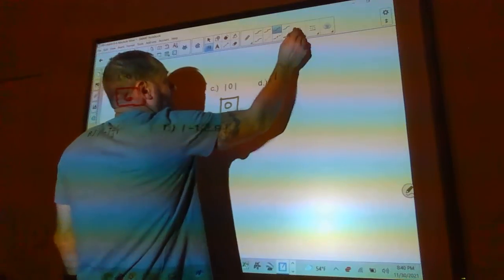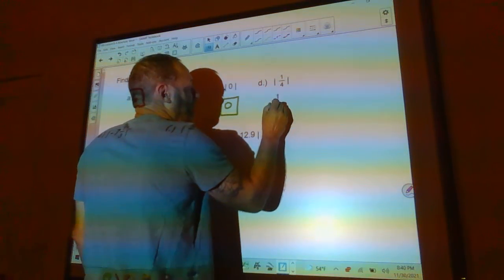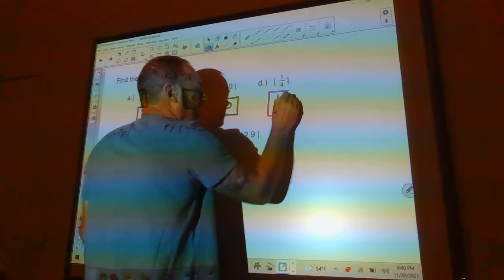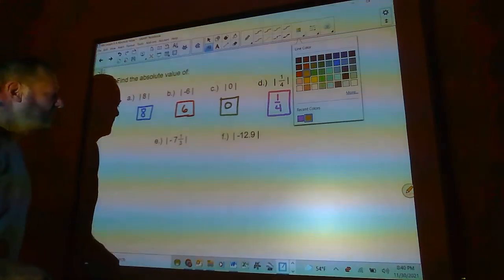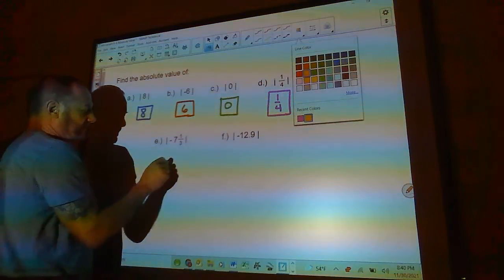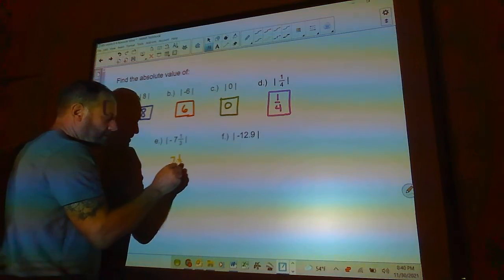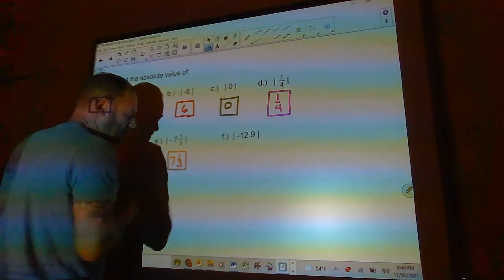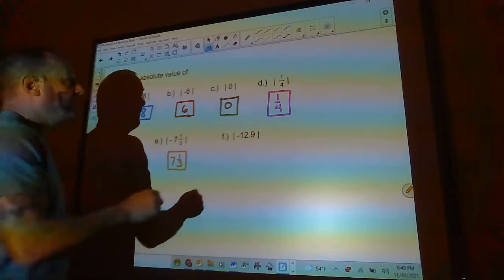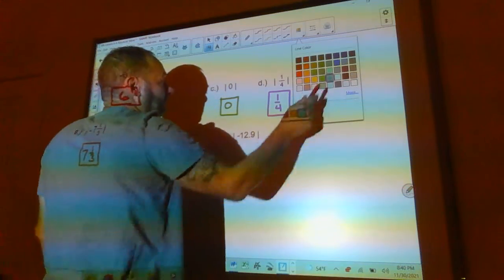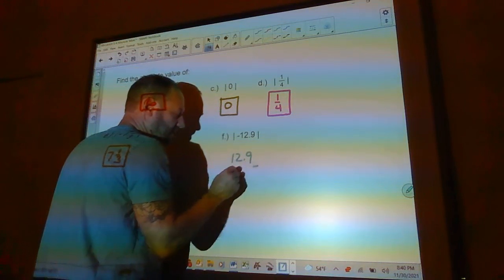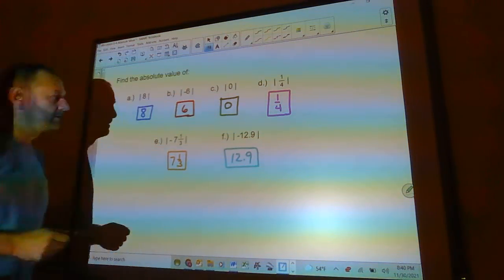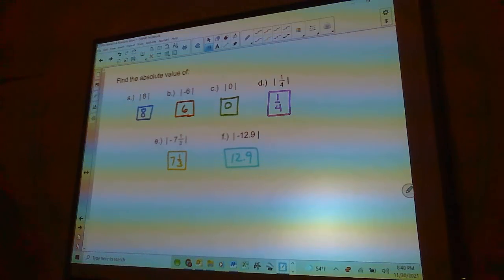The absolute value of 1/4 is 1/4. The absolute value of negative 7 1/3 is 7 1/3. And finally, the absolute value of negative 12.9 is just 12.9. So there you go.